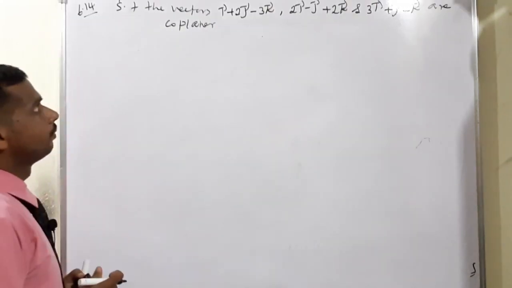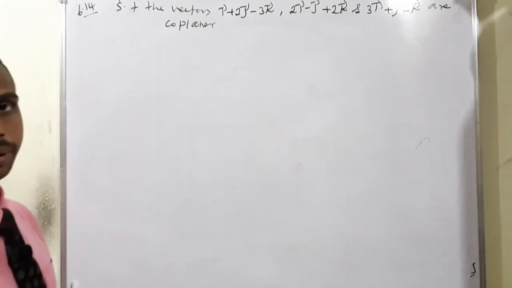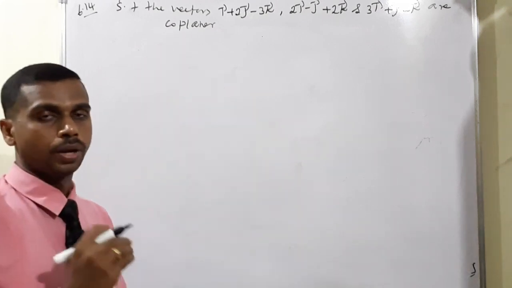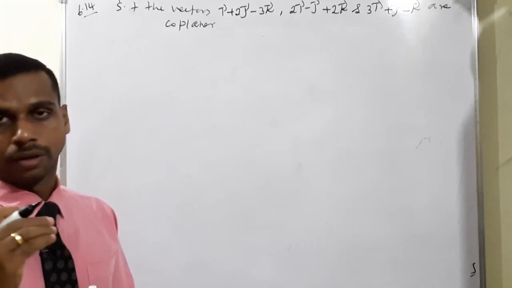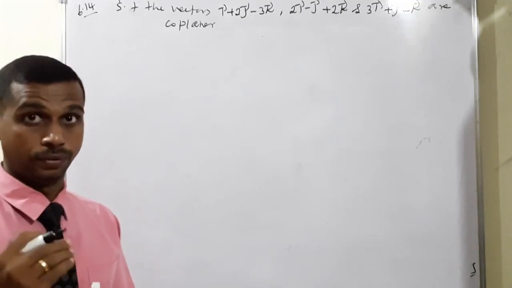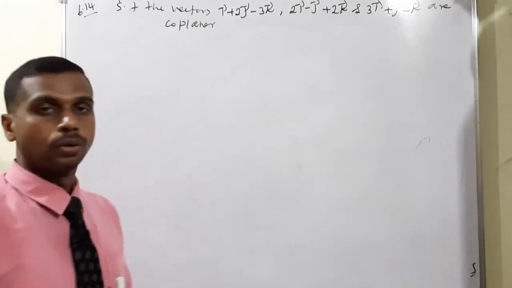Question, show that the 3 vectors are coplanar. What is the meaning of coplanar? If you consider 3 vectors, vector A, vector B, vector C, after applying the determinant, we have the result equal to 0, means definitely we can say it is called coplanar.